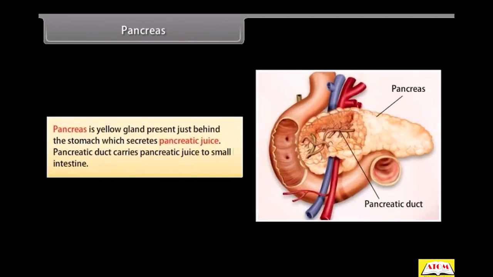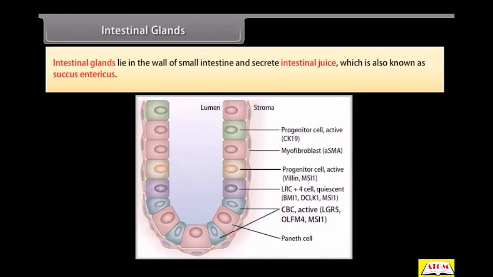Pancreas is a yellow gland present just behind the stomach which secretes pancreatic juice. Pancreatic duct carries pancreatic juice to the small intestine. Intestinal glands. Intestinal glands lie in the wall of the small intestine and secrete intestinal juice, which is also known as succus entericus.